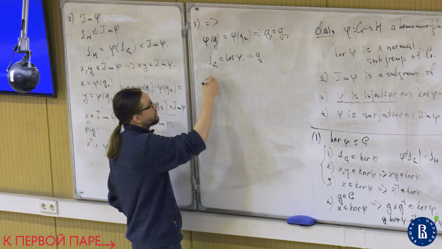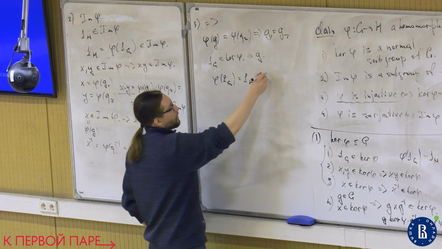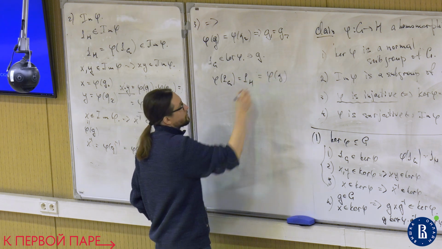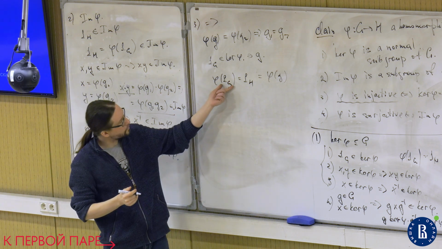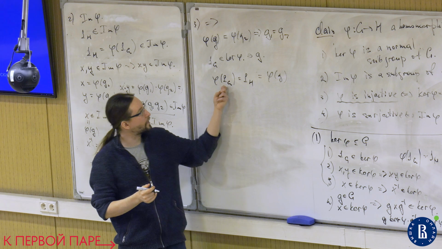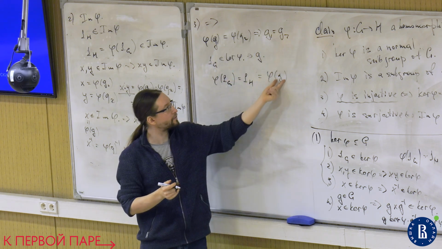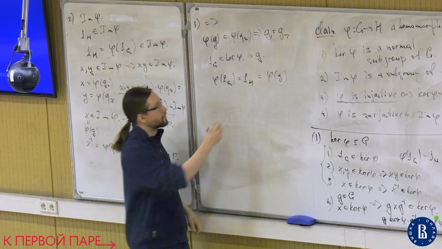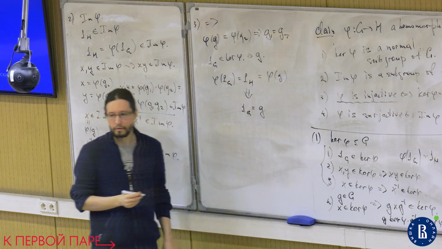Then, just by definition, phi of 1_G is the neutral element of H, and phi of g is the neutral element of H. But now we have this equality that the image of this guy and the image of this guy is the same. But since phi is injective, it means that this guy coincides with this one. So by injectivity, the neutral element of G is equal to g small.